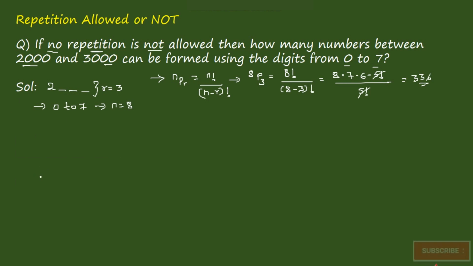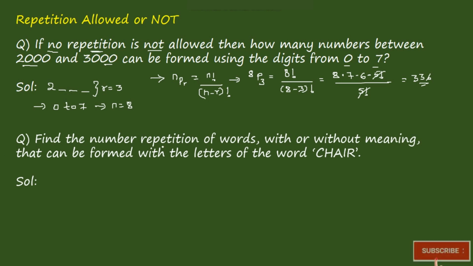Now come to the next question. Find the number of arrangements of words, with or without meaning, that can be formed with the letters of the word CHAIR, allowing repetitions. The given word is CHAIR, and we have to form the arrangements with repetition, so it can be written as C five times, or H five times. So n is equal to 5, with 5 letters, 1, 2, 3, 4, 5 in CHAIR, and we have to arrange in 5 different places, so r is also 5.